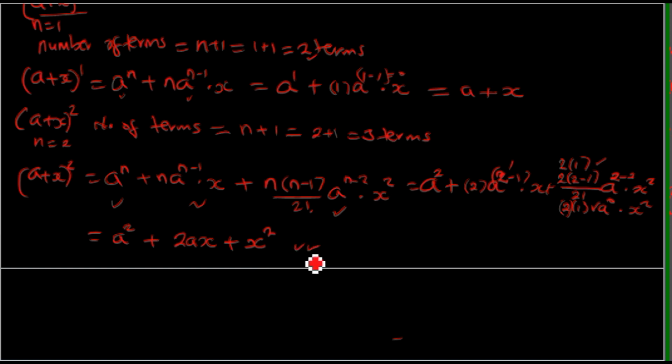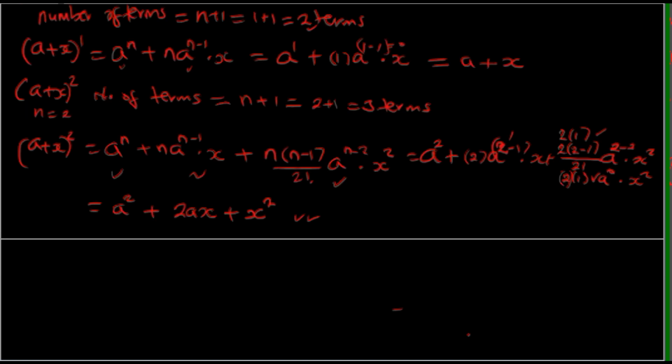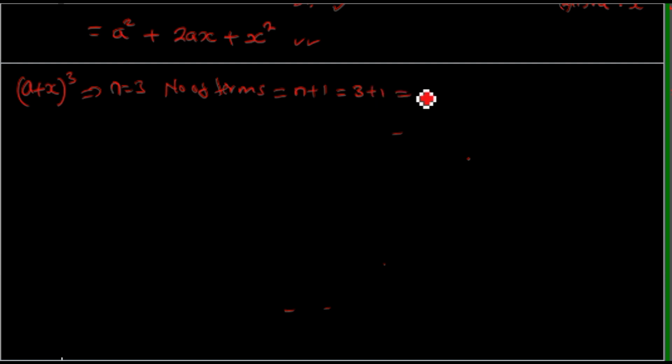Okay, how about if you have (a + x) power 3? Our n is 3, and the number of terms equals n plus 1, which is 3 plus 1 equals 4 terms.